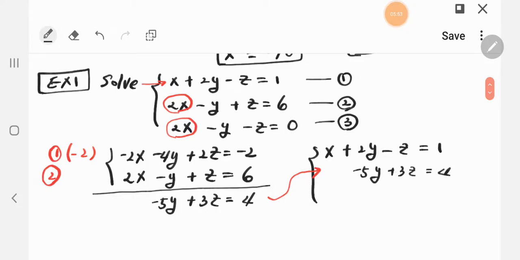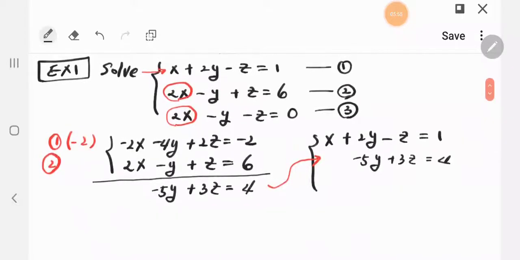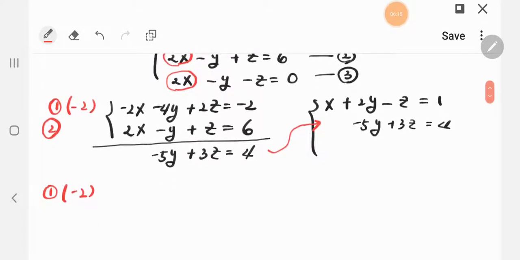Okay, using the same method, let's eliminate 2x from the third equation. The coefficient of x in the first equation is 1, so let's multiply the first equation by negative 2 and then add it to the third equation.